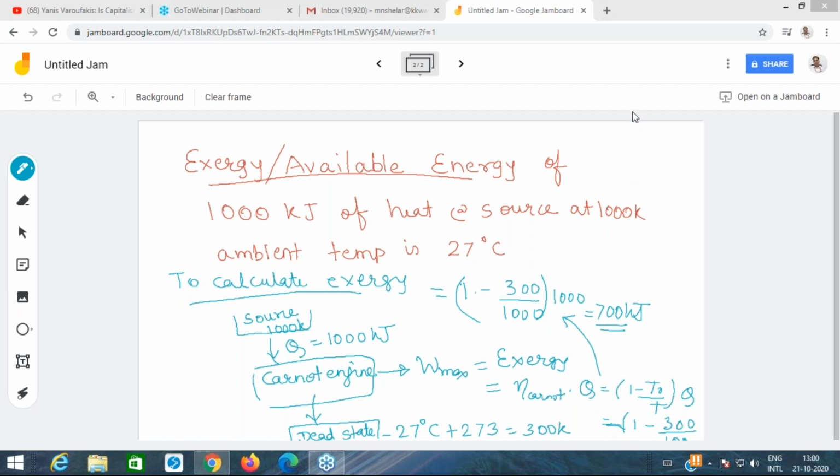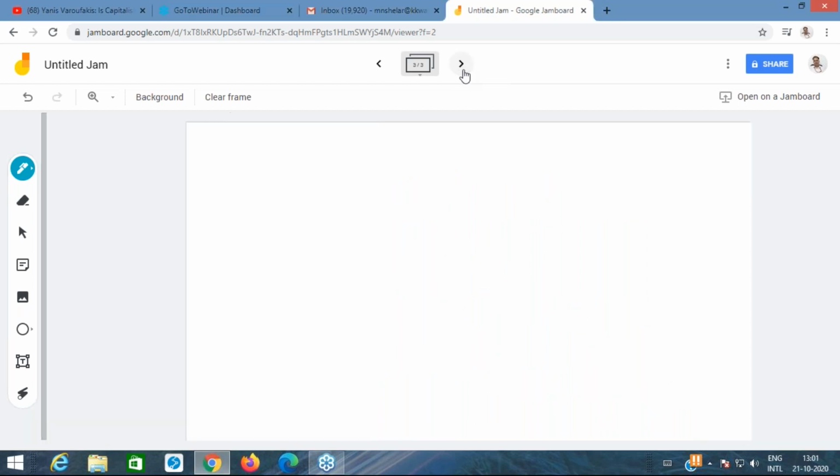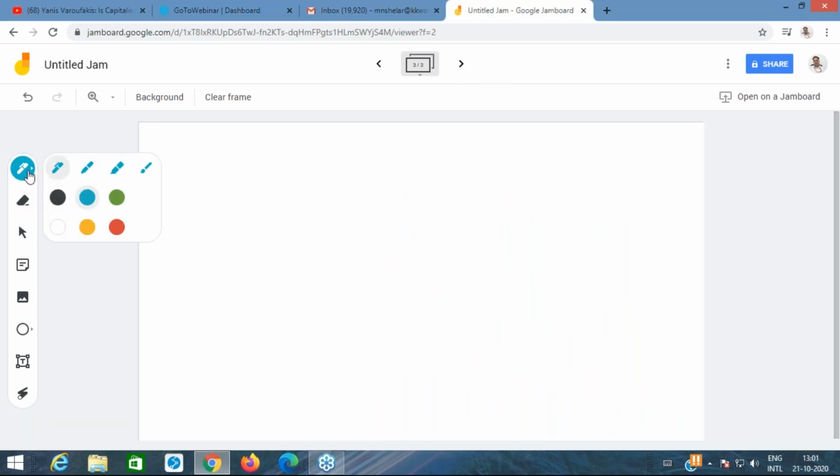Now I want you to show this 700 kilojoules on a temperature entropy diagram. So how should I represent this 700 kilojoules on a temperature entropy diagram? Let me use another page and another pen.